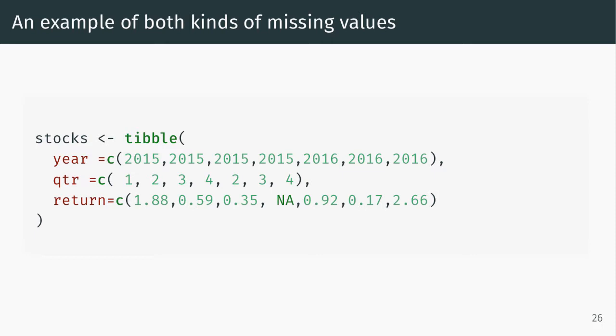So what we have for 2016 are the second through fourth quarters. And in the third row, you see we have the returns for these stocks, and we only have the returns for 6 of them. So the returns for the first 3 quarters of 2015, and we're explicitly missing the fourth quarter of 2015, and then implicitly missing the first quarter of 2016.